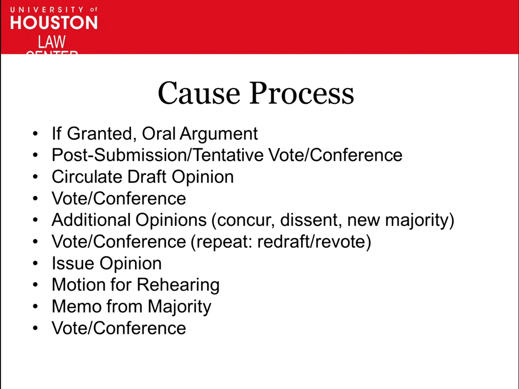That gets conferenced again, so that once that memo from the majority chambers gets circulated, the rehearing will be discussed at conference and denied in almost all cases, even if they do change the opinion, and that'll be the end of that cause.